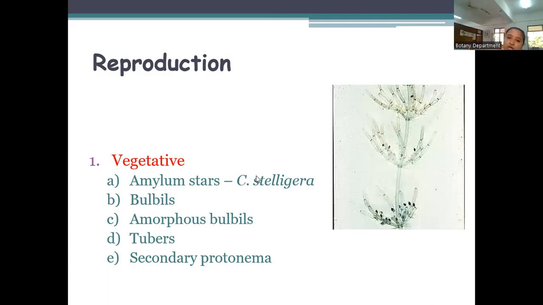Compared to Volvox and Pseudogonium, a well advanced type of vegetative reproduction can be observed. That's why the questions focus on the type of vegetative reproduction. Chara multiplies by bulbils, amylum starch, protonema, amorphous bulbils and tubers.